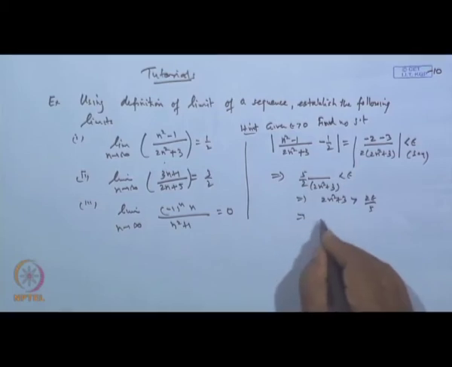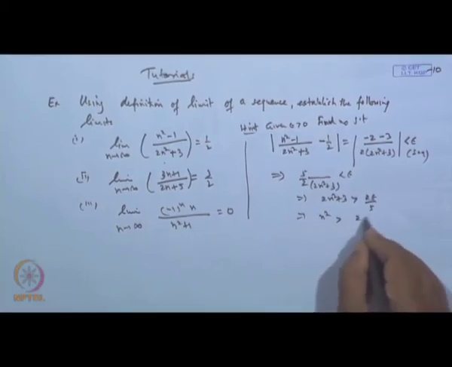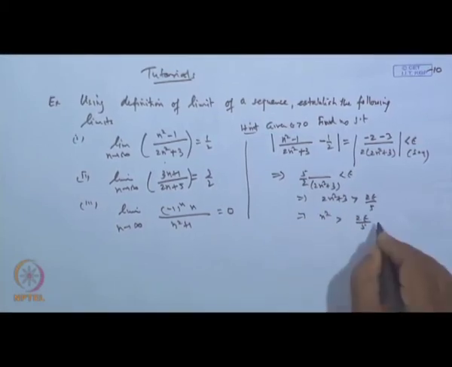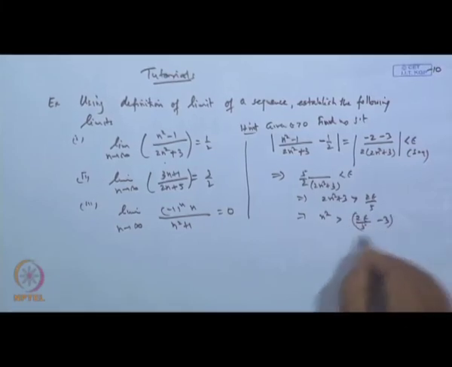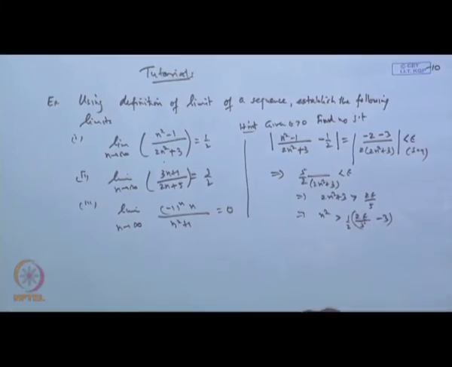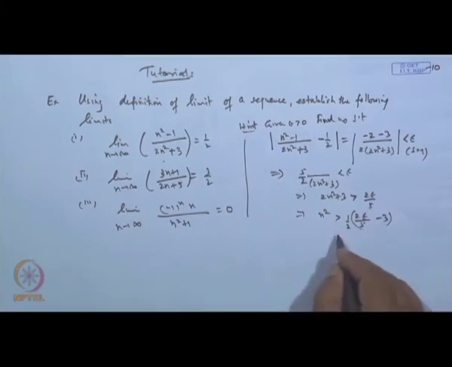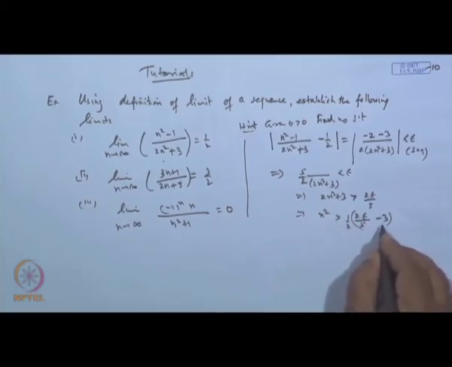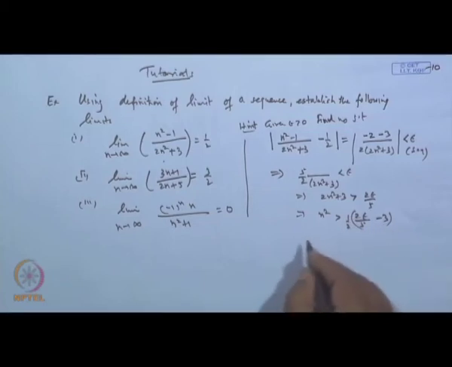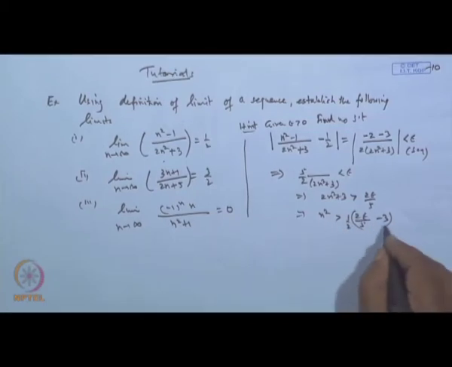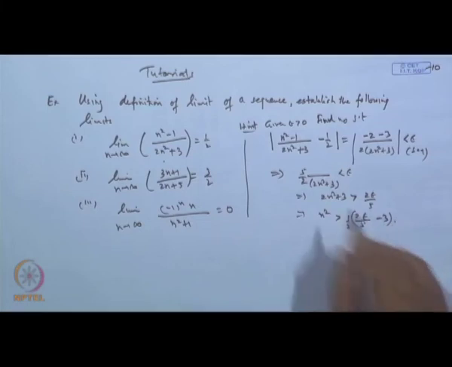So, n square is greater than 2 epsilon over 5 minus 3, divided by 2. Take the positive value of this. So, n square must be this number, and n must be greater than the square root of this part. If we take n square to be this number, we get the result.